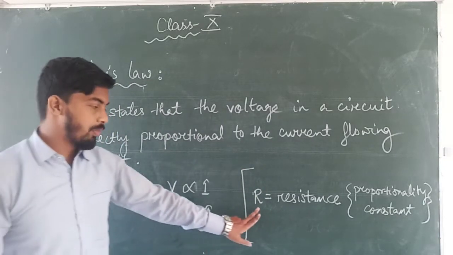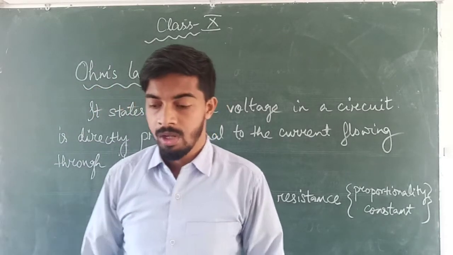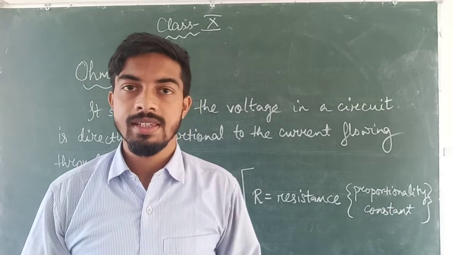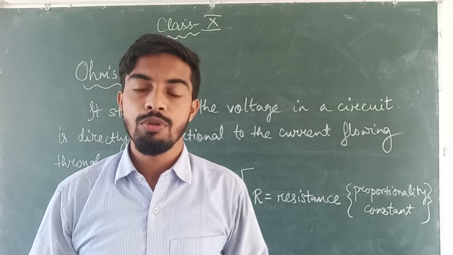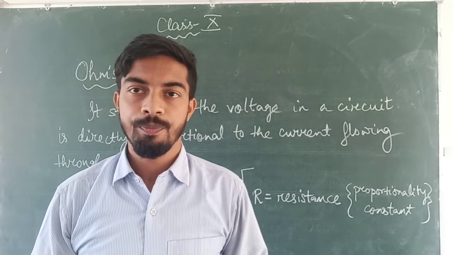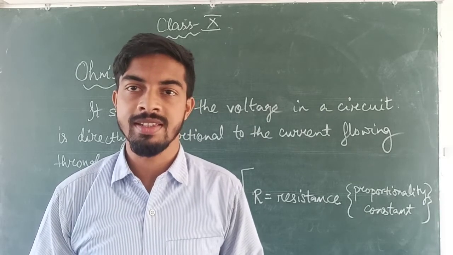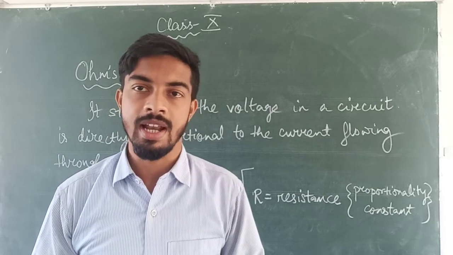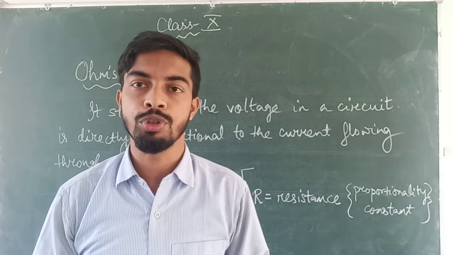Now this word, resistance, is a new term to you. First of all, what is resistance? Resistance is the ability of any conductor to oppose the flow of electrons. We know electrons flow through every conductor. If the material is a conductor, then it will conduct electricity. That means it will allow the electrons to flow through it.